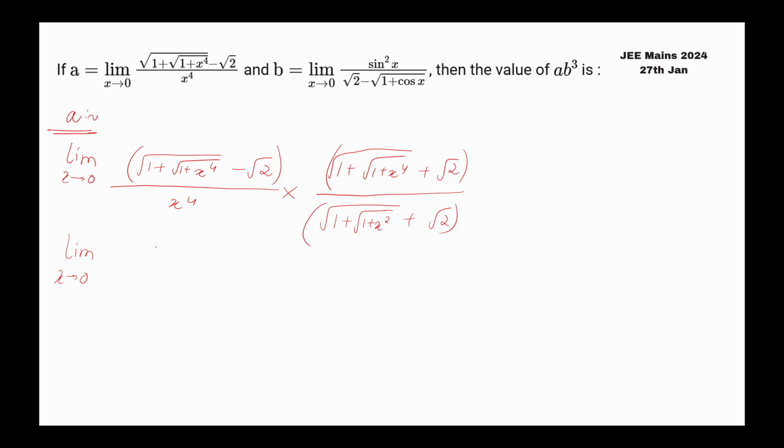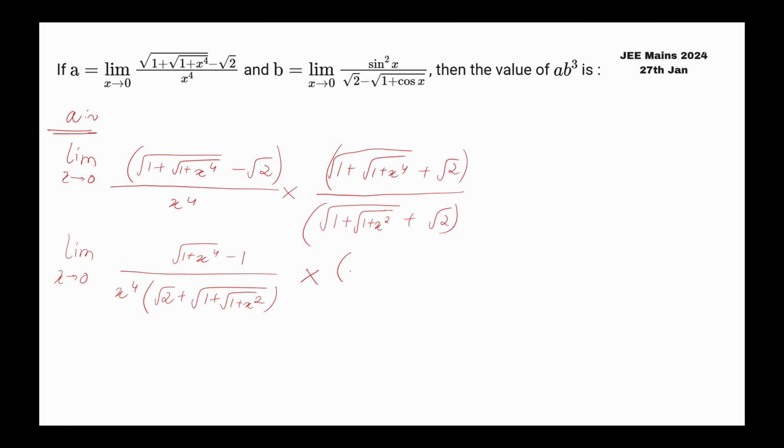This would become 1 plus root under 1 plus x to the power 4 minus 2 upon x to the power 4 into root 2 plus root under 1 plus root under 1 plus x square. Now if you look at this equation on top, what does this transform into? Basically I'm directly writing down minus 2 and plus 1 would make it minus 1. Now if I look at this, again I can rationalize this equation.